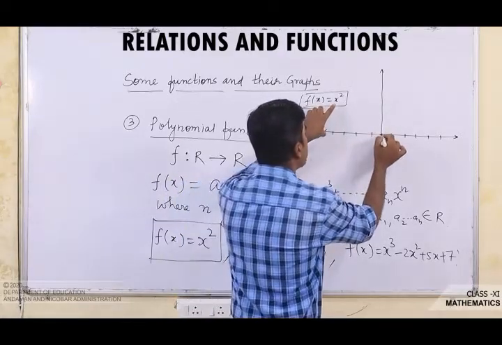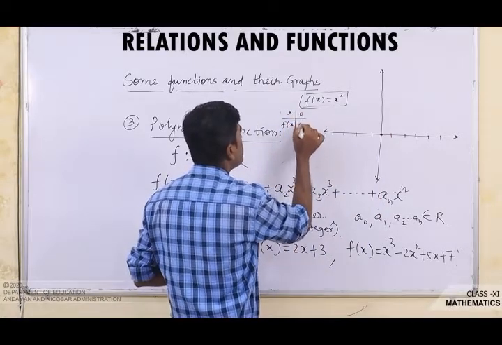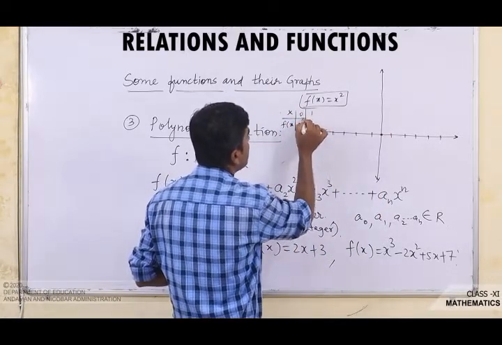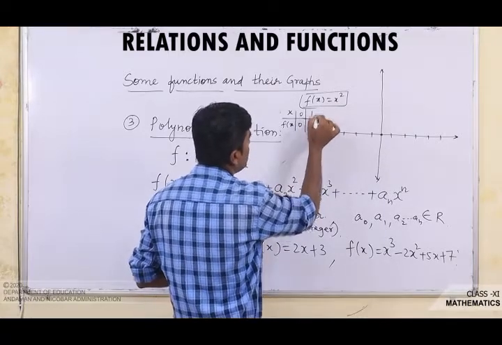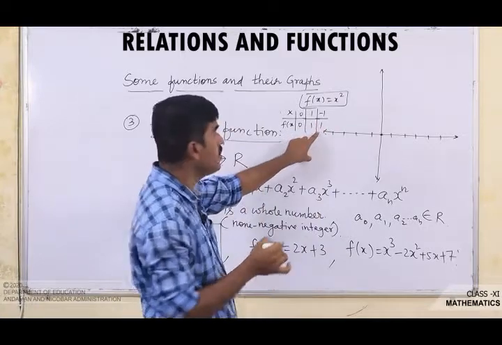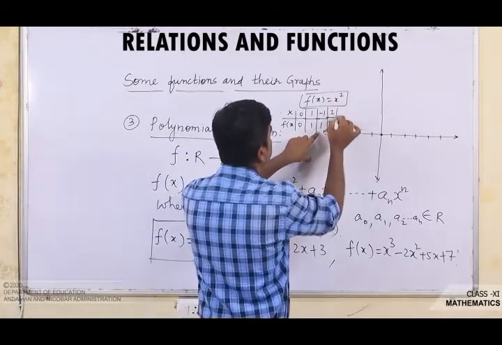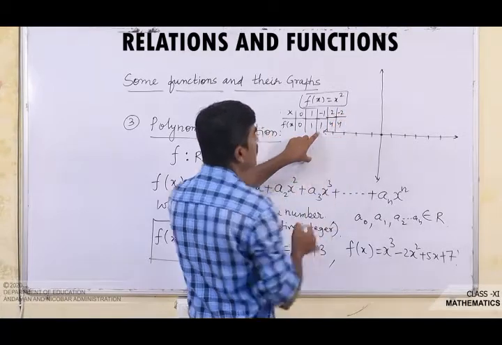So the point will be 0 comma 0. If we take x is equal to 1, we will get 1. If it is minus 1, then we are going to get 1 again. Minus 1 square is again 1. If it is 2, then it will be 4. If it is minus 2, it is again 4.